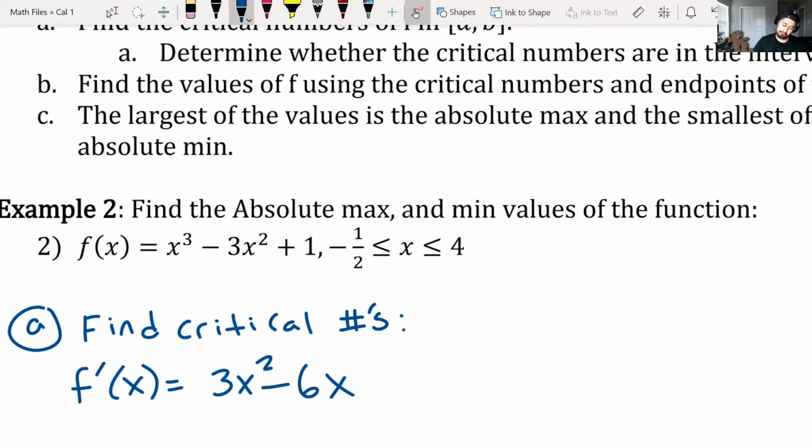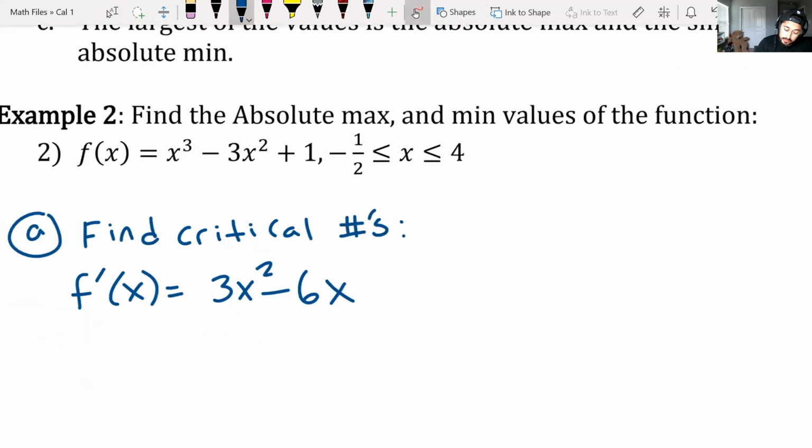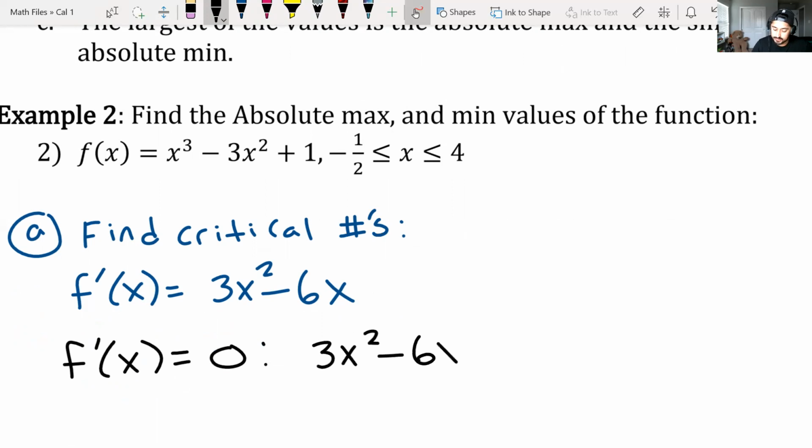All right? Yes. Then that's nice already. We take the derivative and we set it equal to 0. 3x squared minus 6x equal to 0.